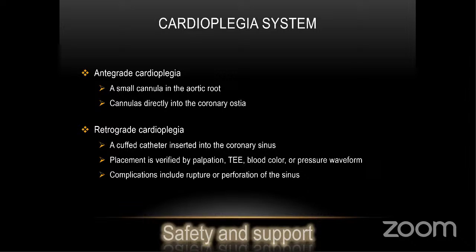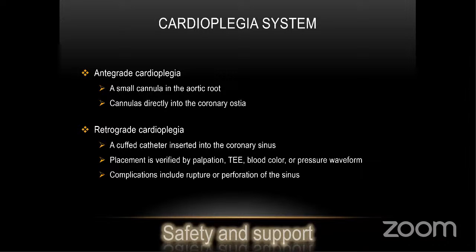So antegrade cardioplegia is usually administered through a small cannula in the aortic root. The cannula is direct, or cannulas directly into the coronary ostia.